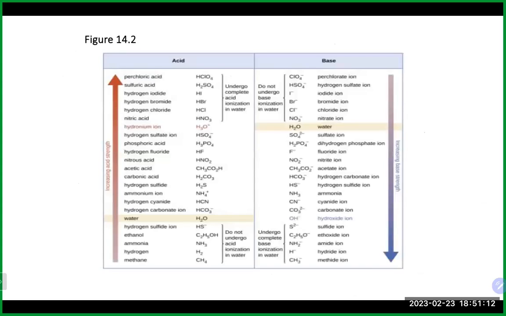All right, here's a table. You have a similar one in your book of some of your strong acids and the opposite relationship. As the acid strength increases, the conjugate partner base is weaker. Stronger acid, weaker base. So again, that opposite relationship as one goes up and one goes down.